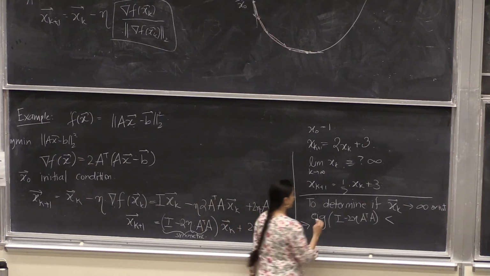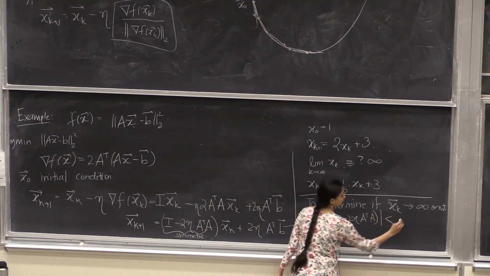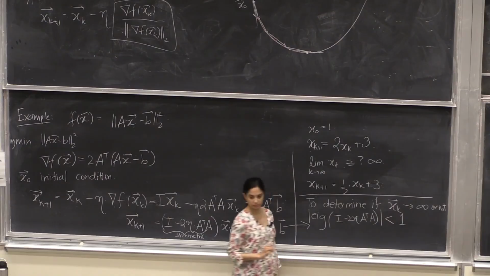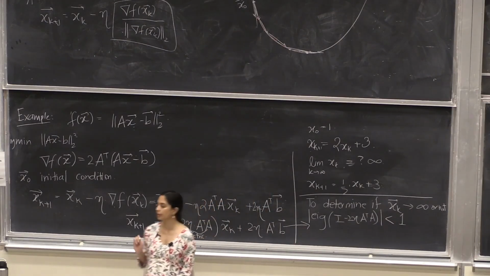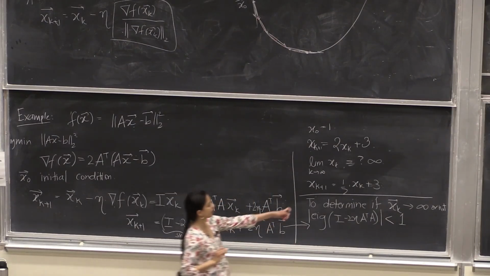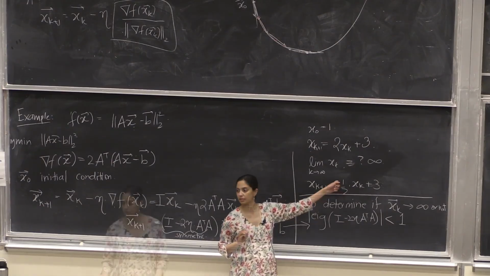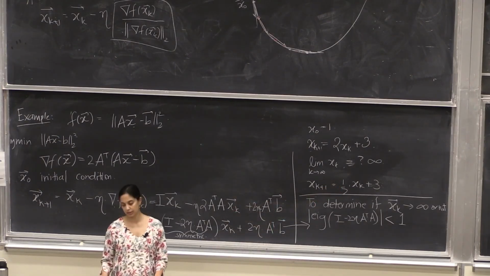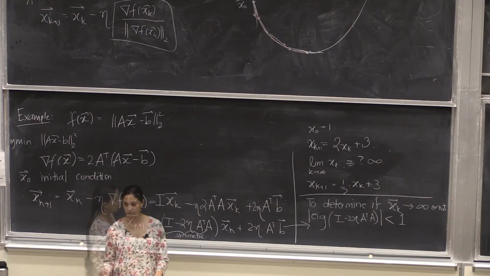Less than 1, right? And I need to look at the absolute value of the eigenvalues. Anything that's smaller than 1 is fine. If I had a negative 1/2 here, this would still be finite. What if it's equal to 1? It's still finite. It's marginally stable, but yes.